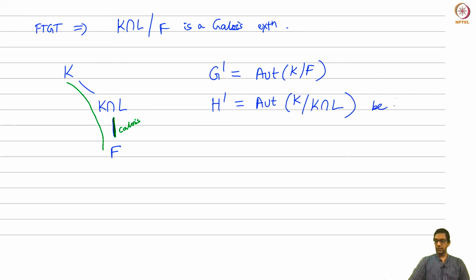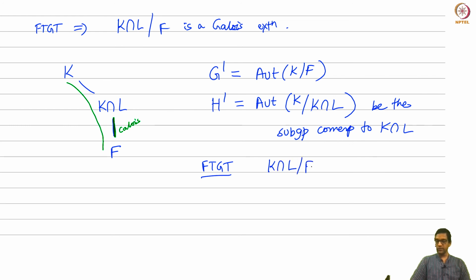Now again, the fundamental theorem of Galois theory says that since K intersection L over F is known to be Galois by other means, this automatically means that this subgroup has to be a normal subgroup. Right? That was an if and only if statement. This has to be a normal subgroup of G prime.